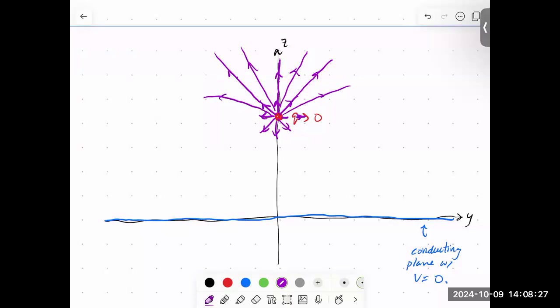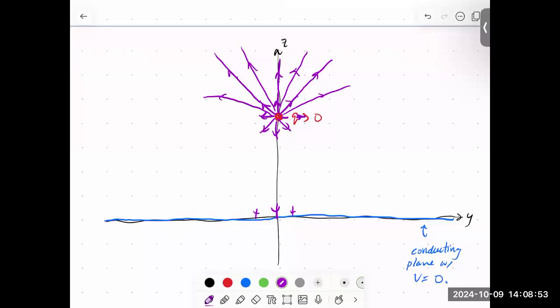All right. And then what else do we know? Well, how do electric fields intersect conducting surfaces? They're perpendicular, yeah. So whenever these electric fields get to our conducting plane, they have to hit it perpendicularly.